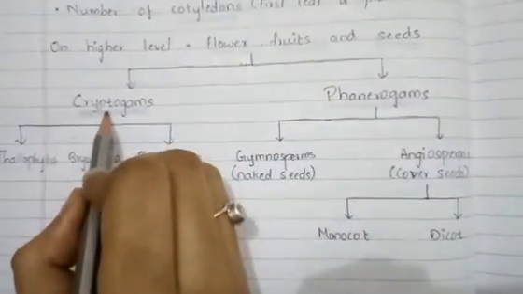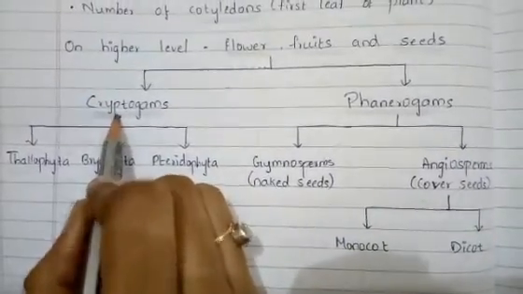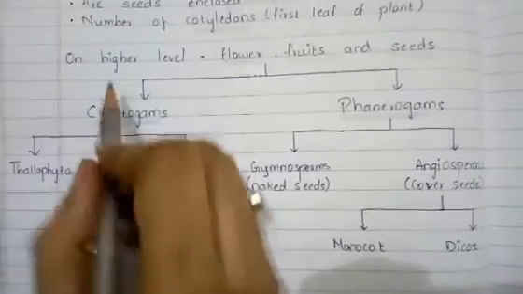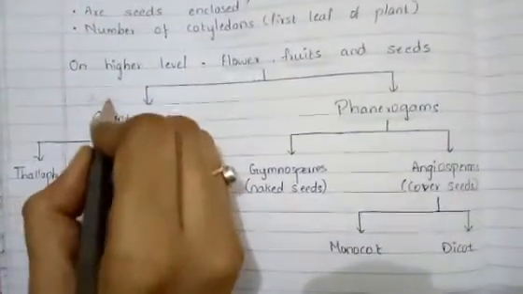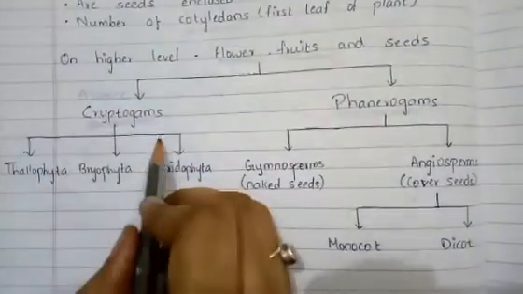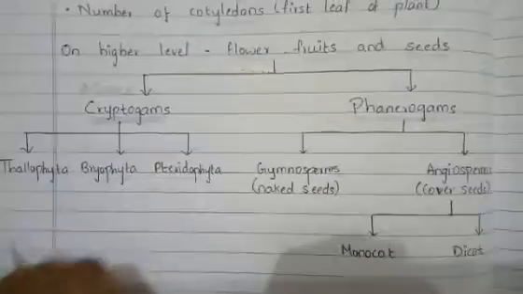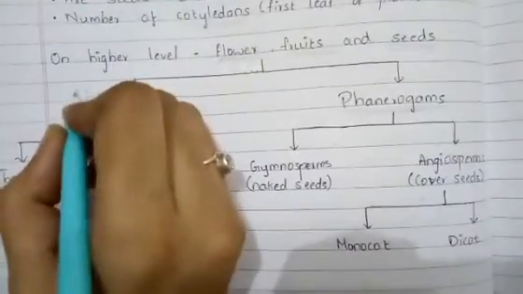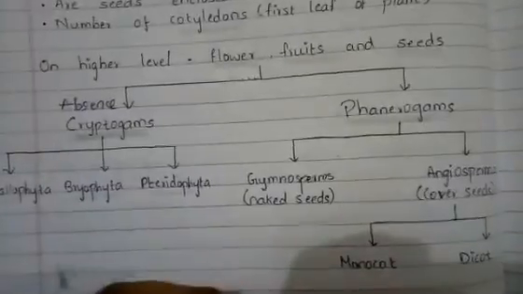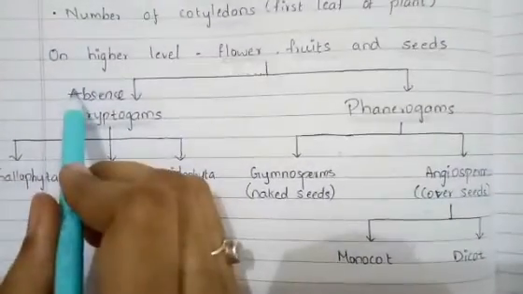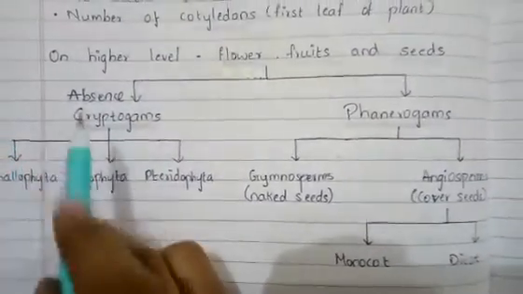Now cryptogams, what are cryptogams? What type of plants come under cryptogams? The plants which do not have flowers, fruits or seeds, meaning absence of flowers, fruits or seeds. Fruits and seeds are absent in this category of plants, so they are grouped into cryptogams.